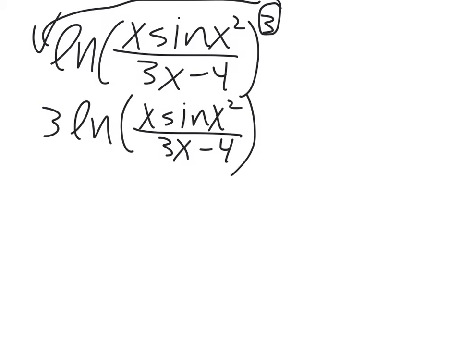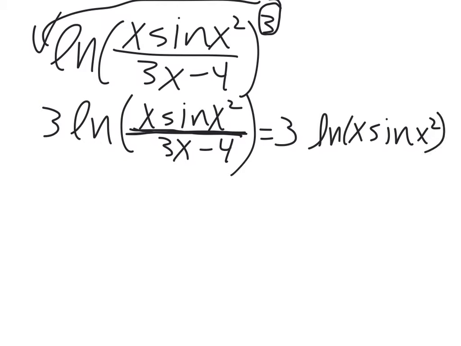Now what can we do? Because of the quotient, the division here, we could rewrite this as the natural log of the top minus the natural log of the bottom.